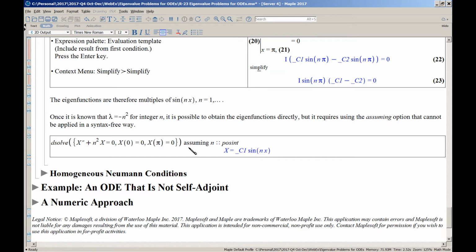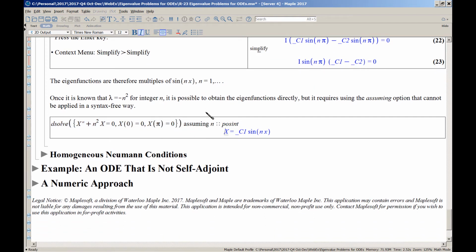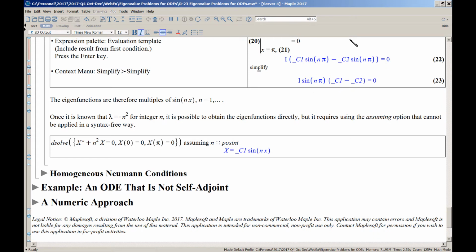It is unfortunate that one cannot apply assuming through the context menu. That's why we did the calculations that we did here.